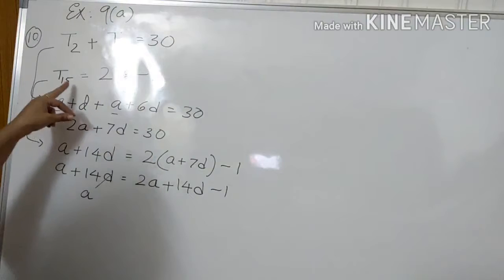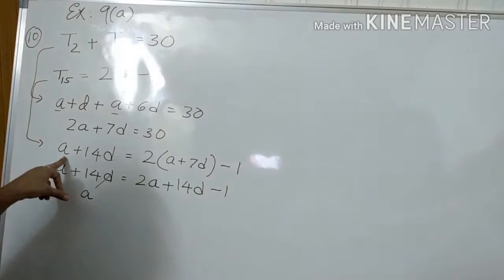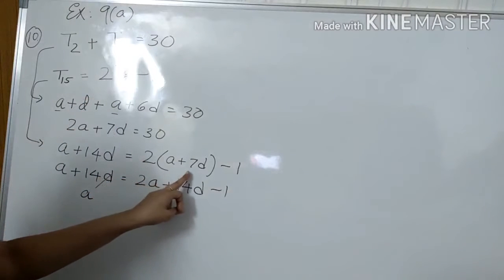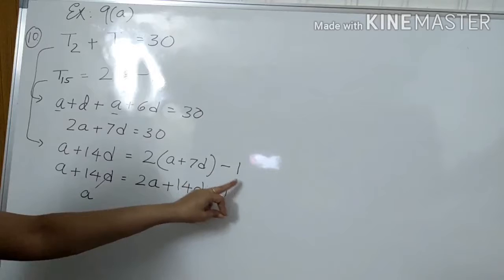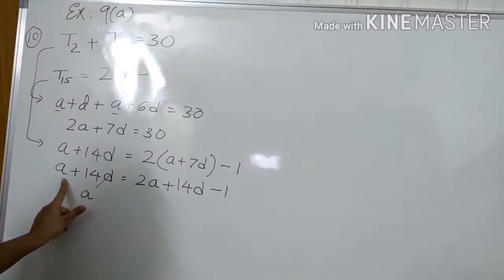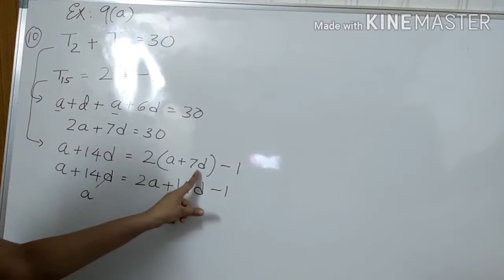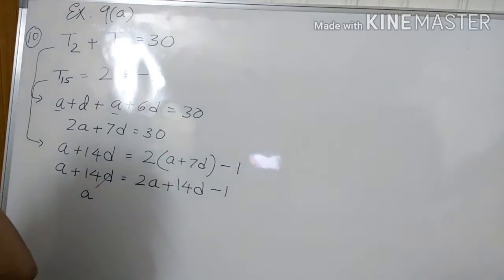Now the second relation: T15 is A plus 14D is equal to twice T8, so 2 in the bracket A plus 7D, minus 1. On the left hand side A plus 14D is equal to, opening the bracket, 2A plus 14D minus 1. Now on both sides 14D gets cancelled.